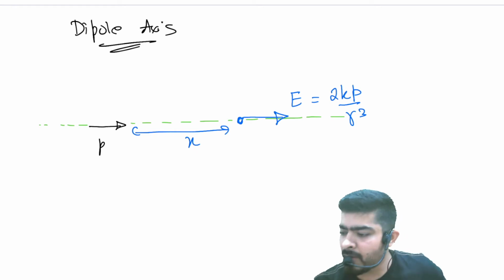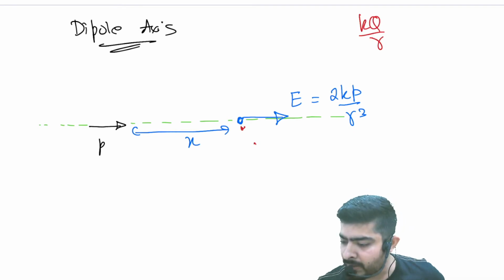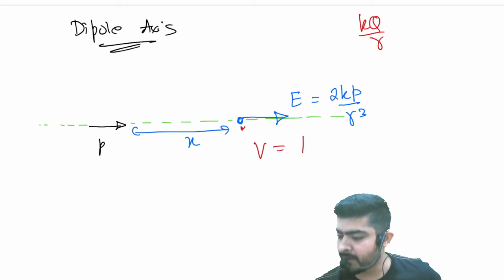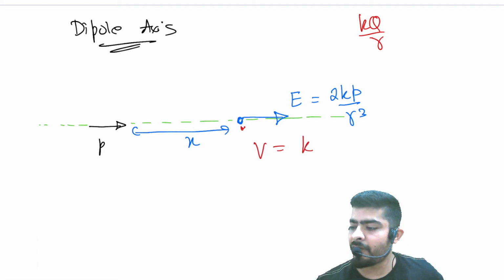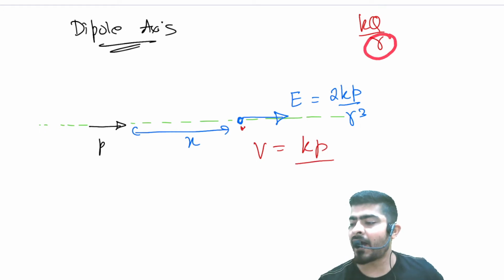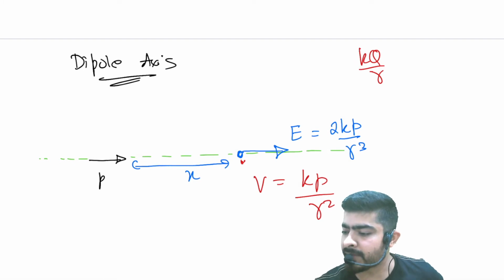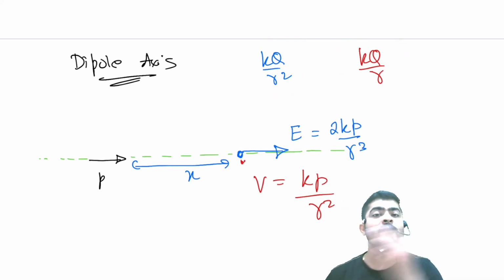Okay. What about potential? So potential is given by Kq by r. So in this case, the potential V will be what? K, instead of Q write down P, divided by, instead of r write down r square. So if you observe something, electric field is Kq by r square, and potential is Kq by r.